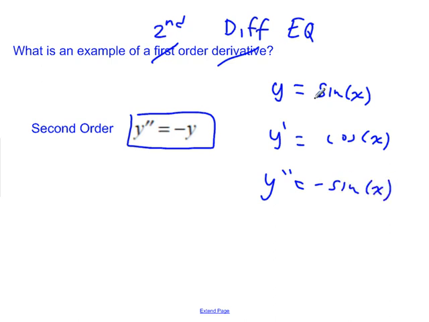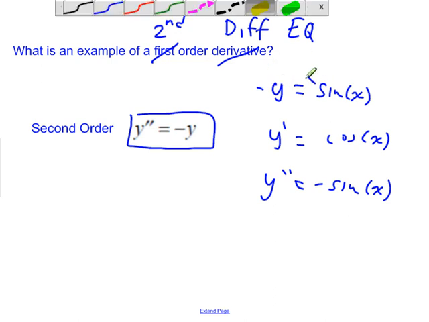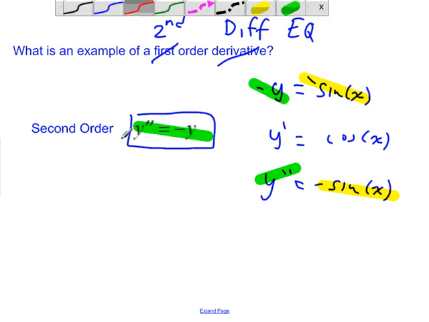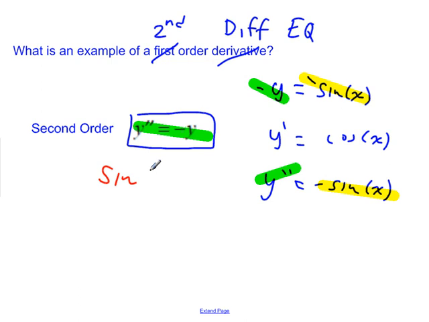Oh, well, if I make this negative and this negative, now we've created a solution to a second order differential equation. So whenever you have a second order differential, we will be using sine or cosine as our solution. But we'll get to this a little bit later.